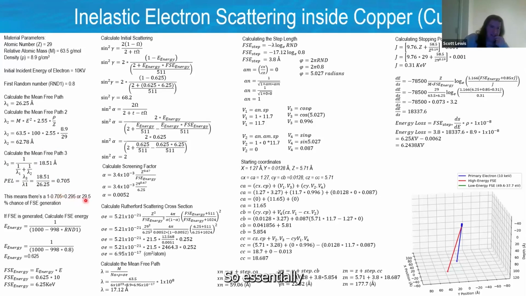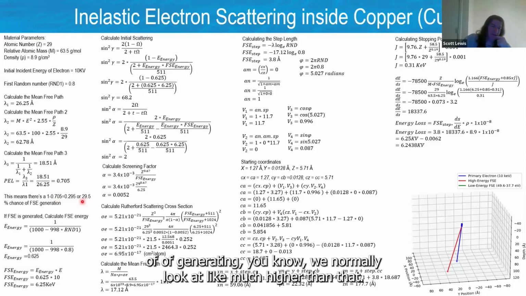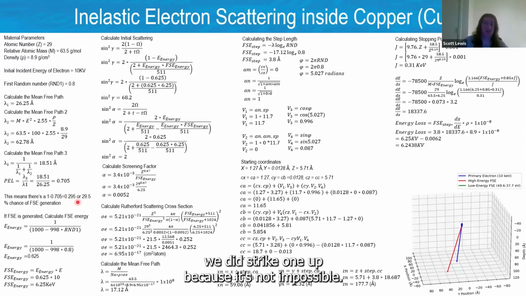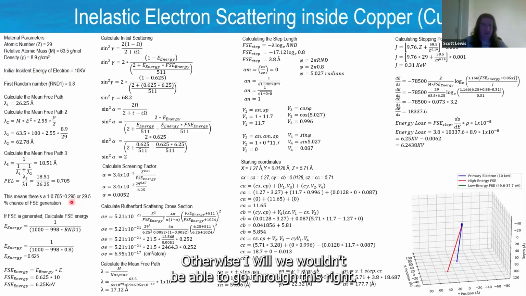So essentially, it's not a great probability of generating. We normally look at much higher than that, but for this purpose, I'm going to say we did strike one up, because it's not impossible. Otherwise, we wouldn't be able to go through this, right?